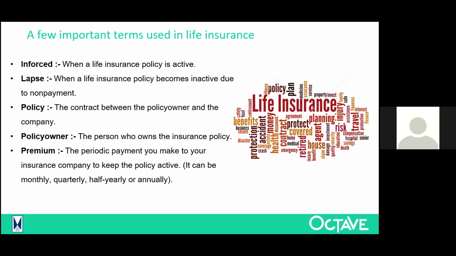A quotation says, I want this type of insurance for X amount of years with a monthly payment of this much, and so on. It's just a really rough document. They don't even take your details, maybe just a phone number to get in touch with you. So that's a quotation. Obviously agents can give you multiple quotations.